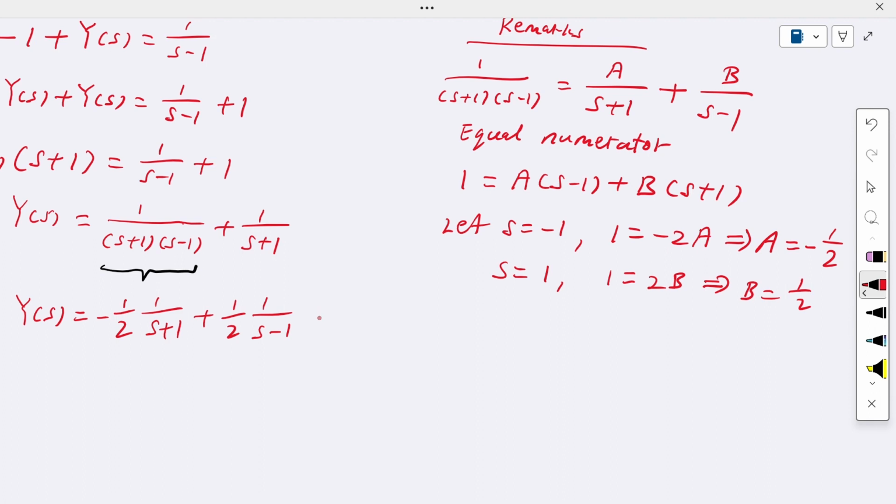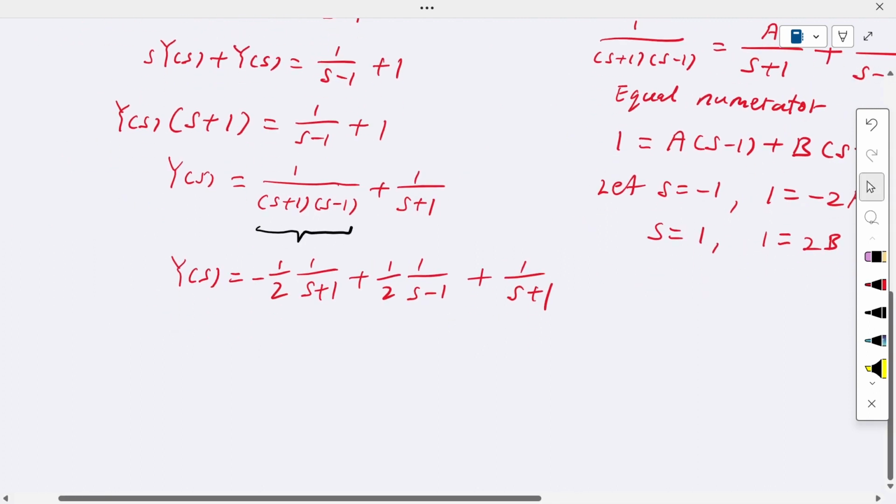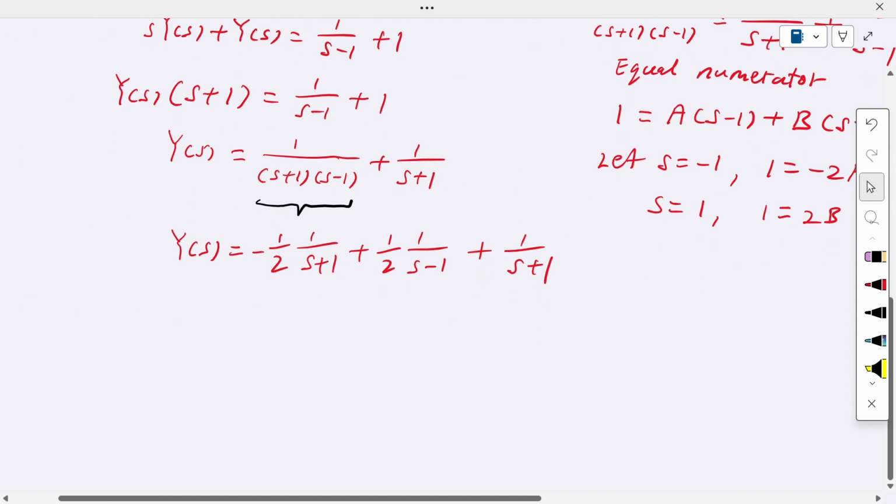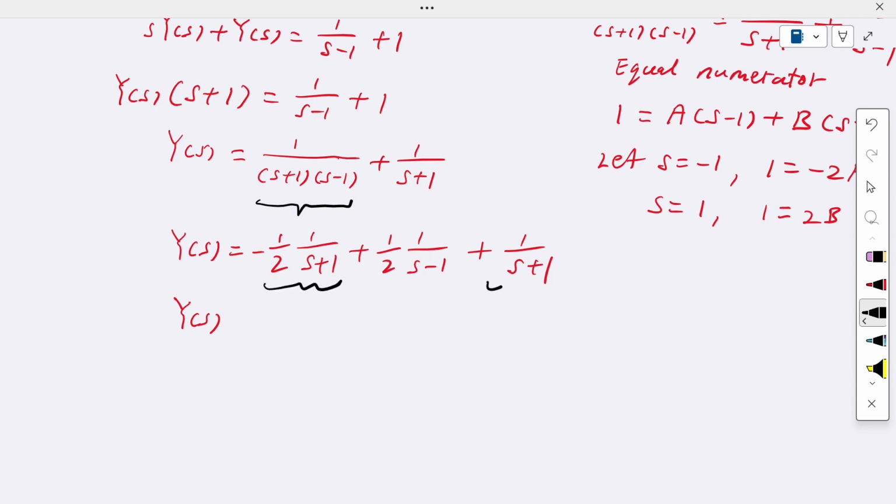And here we have this 1 over x plus 1. Okay. So now we can further simplify, because these terms can be calculated again in this case. So now we have 1 over 2 times 1 over x minus 1. So we calculate this, and then you get positive 1 over 2 times 1 over x plus 1.